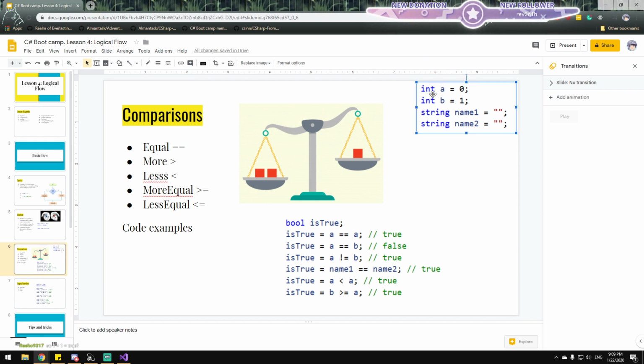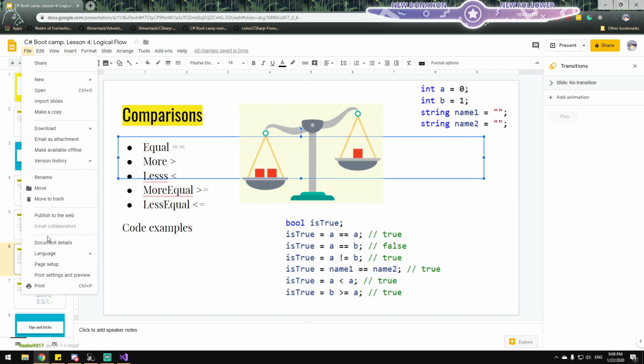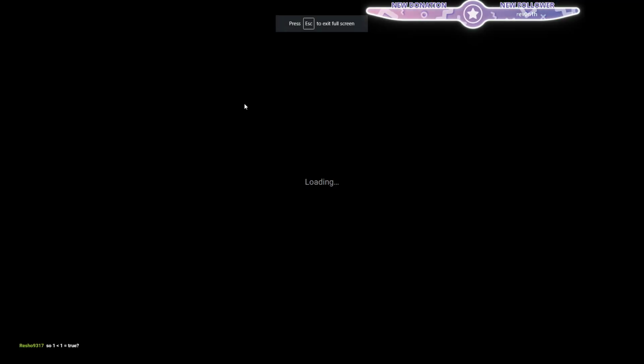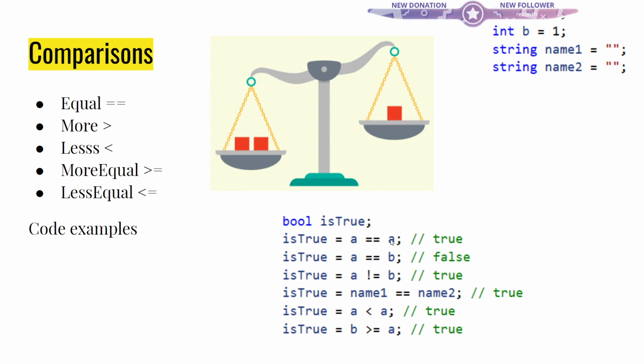Yes. So here are the values. A equals 0 and B equals 1. So let's view it again. A equals 0, B equals 1. So A equals A, that's always true. A equals B, no, because A is 0 and B is 1, so it will give false.